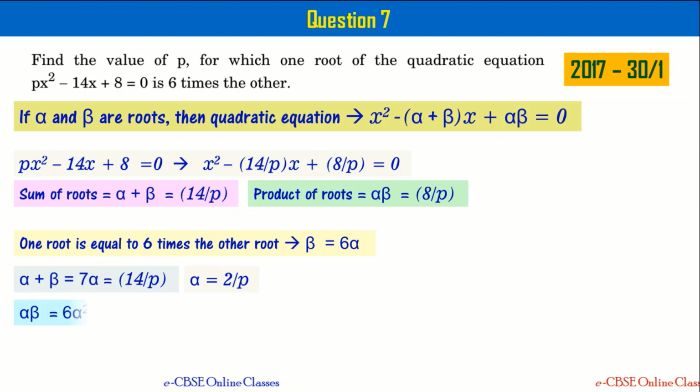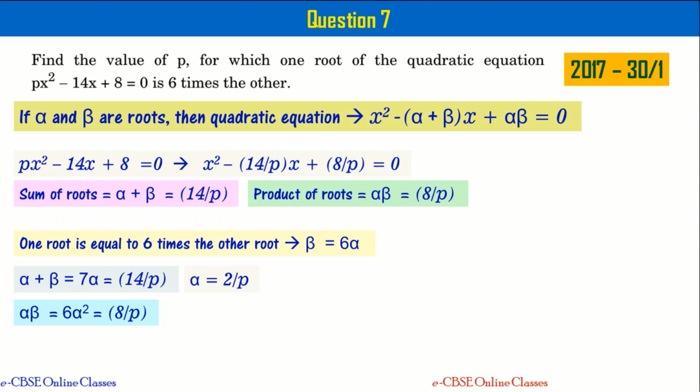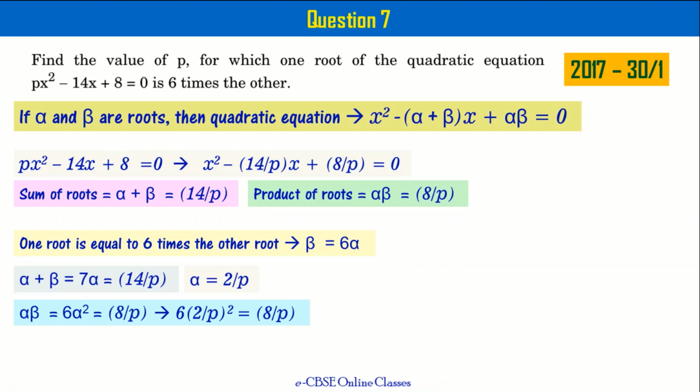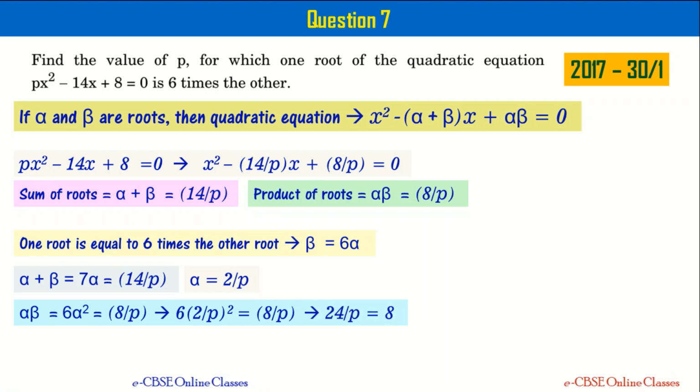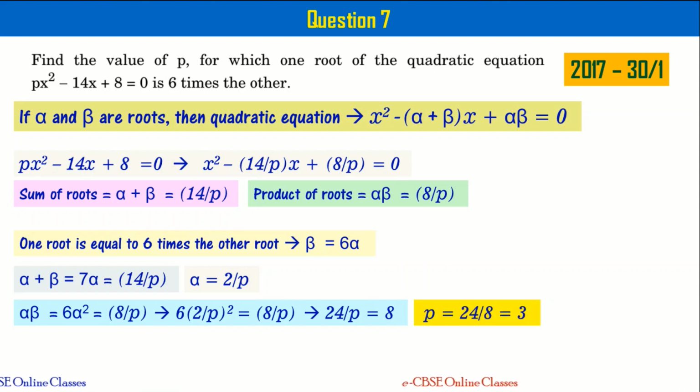Now let's take the product of roots, that is alpha times beta. It is going to be alpha times 6 times alpha, that is equal to 6 alpha square. That is equal to 8 by p, which is known already. Substituting alpha equal to 2 by p into 6 alpha square equal to 8 by p, and simplifying, I get 24 by p equal to 8. It means p equal to 3. P equal to 3 is the answer we are looking for.